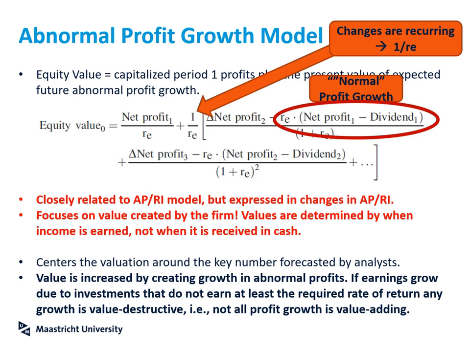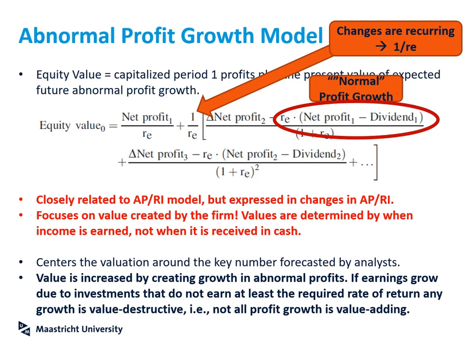And it also helps us to see how value is created, because value is created by having growth in abnormal profits. If we have growth in profits, but those profits are not abnormal, this is not helping us in adding value to the firm. If we reinvest a certain amount, and on this reinvestment we just earn the required rate of return, well, this is not adding any additional value.